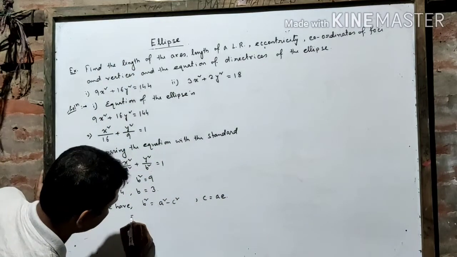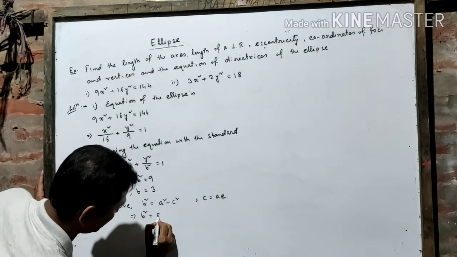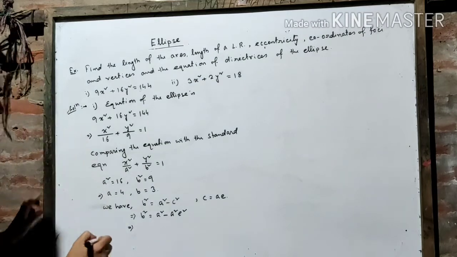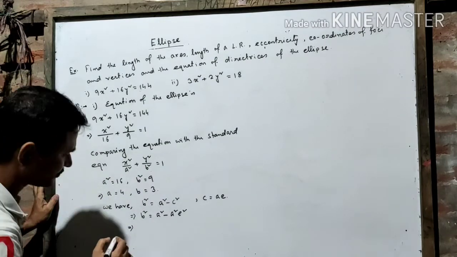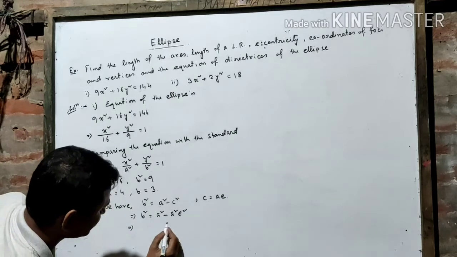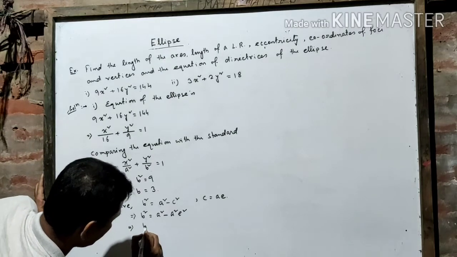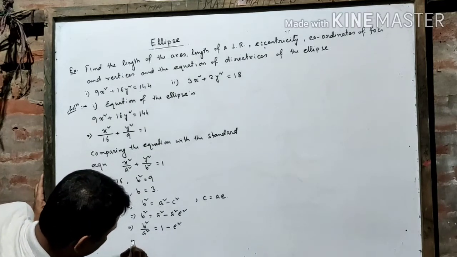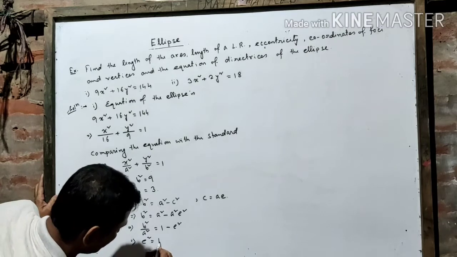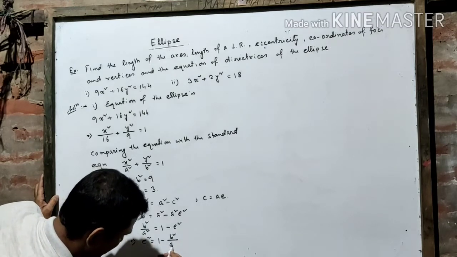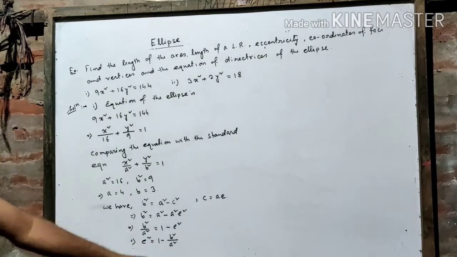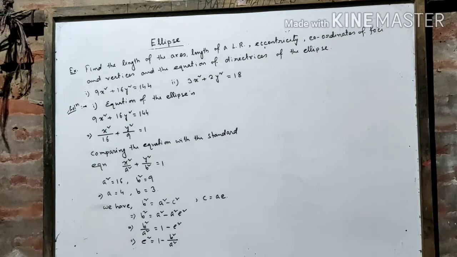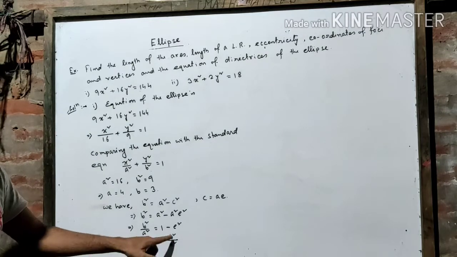This implies b square is equal to a square minus a square e square. This implies b square by a square is equal to 1 minus e square. This implies e square is equal to 1 minus b square by a square. So we use this formula to find eccentricity of an ellipse of this form, where the major axis is x axis, e square is equal to 1 minus b square by a square.